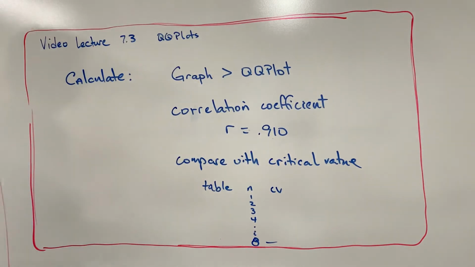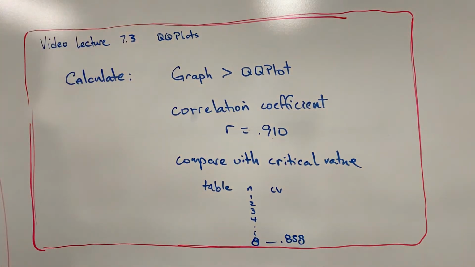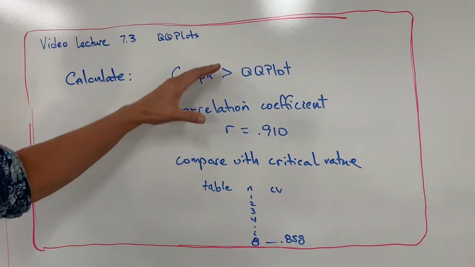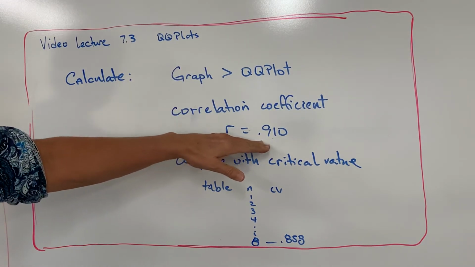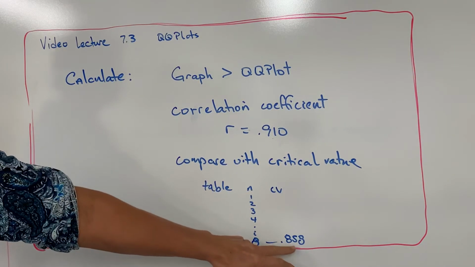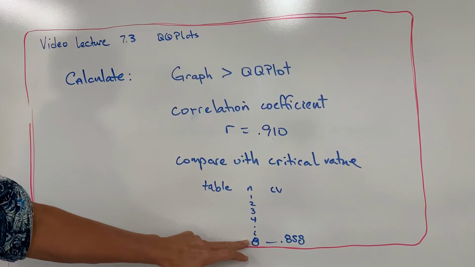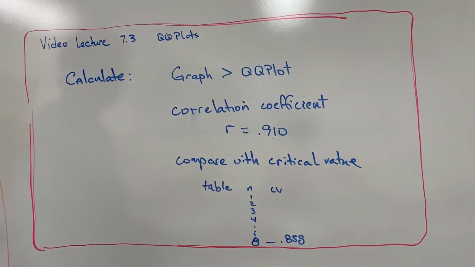And I don't know what the critical value is for 8, but let's just say it's 0.858 or something like that. It's pretty close. So what you do is you use your StatCrunch to figure out your correlation coefficient. It'll give that to you. And then you go onto the table and figure out what your critical value is based off of what your sample size is. And then you're going to compare these two numbers, okay?